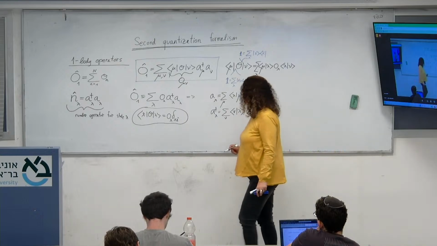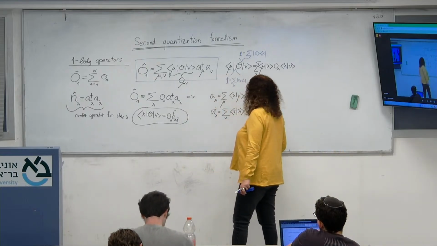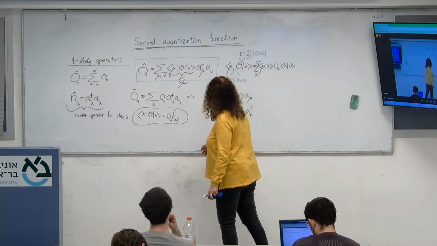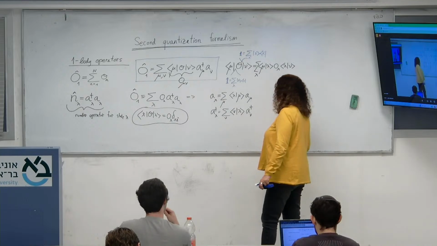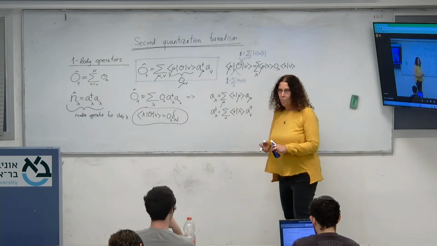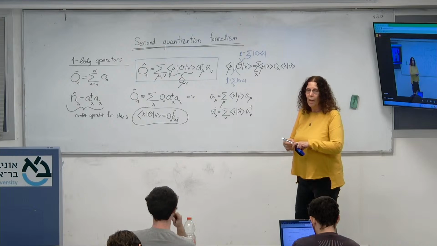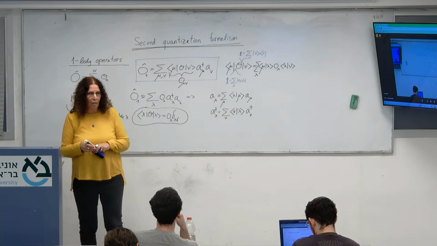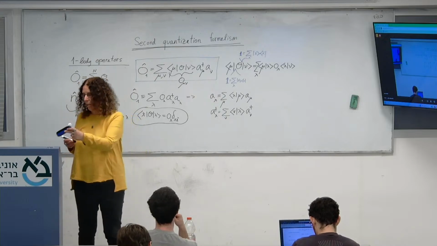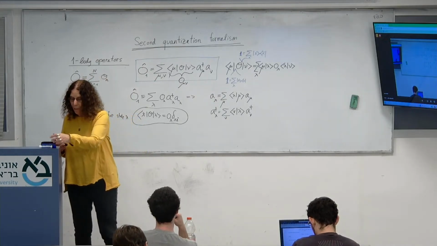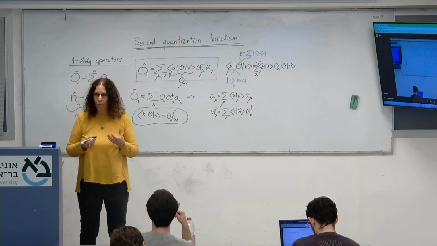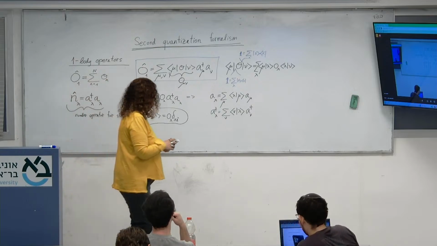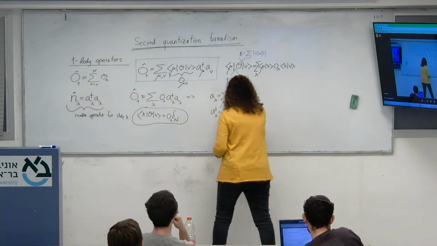Good. Let me give you an example now of a case where I have an operator that is not expressed in the natural diagonal basis, but I have a very clear physical meaning to what it describes.